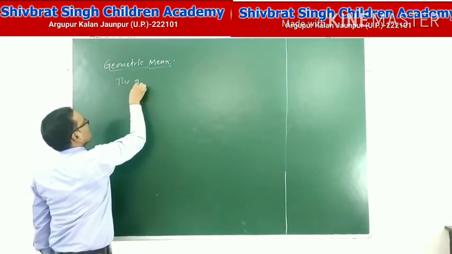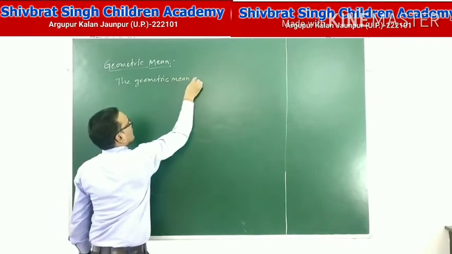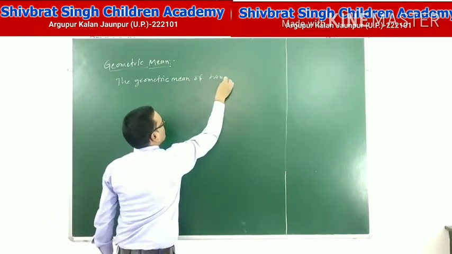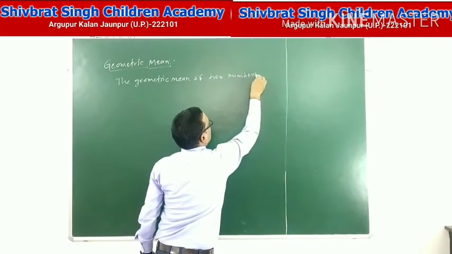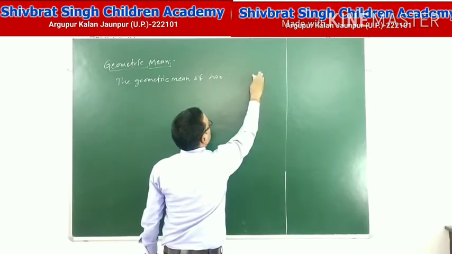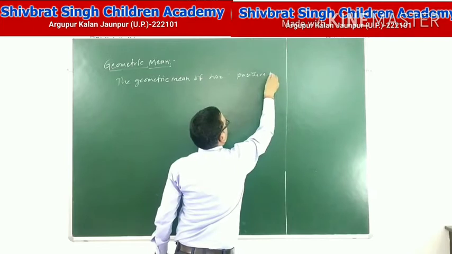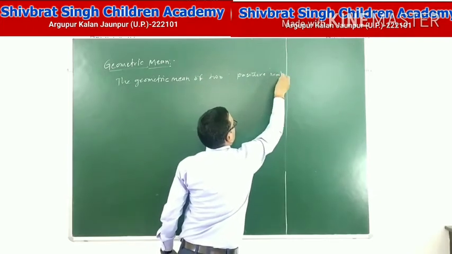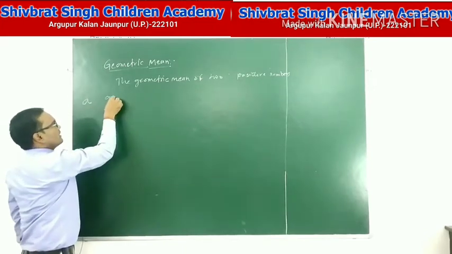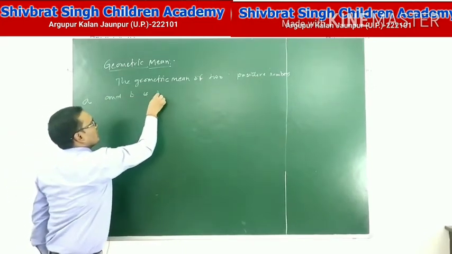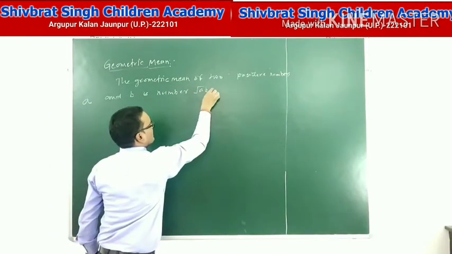The geometric mean of two positive numbers a and b is the number square root ab.